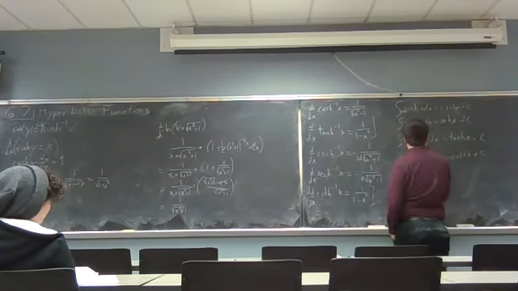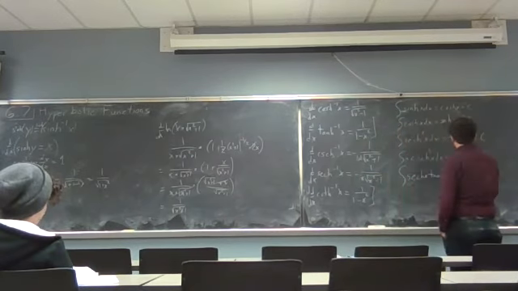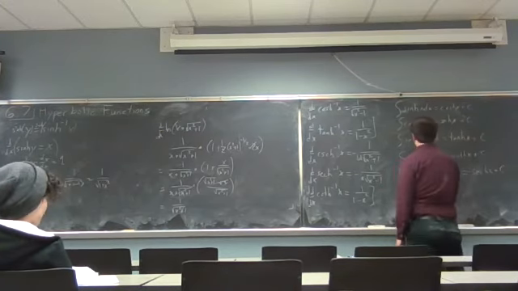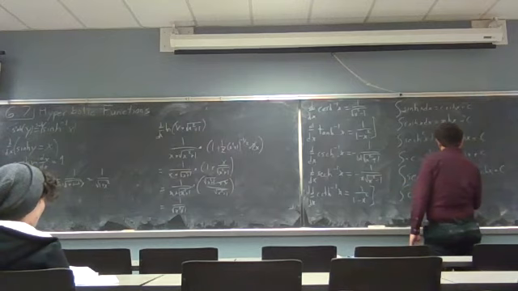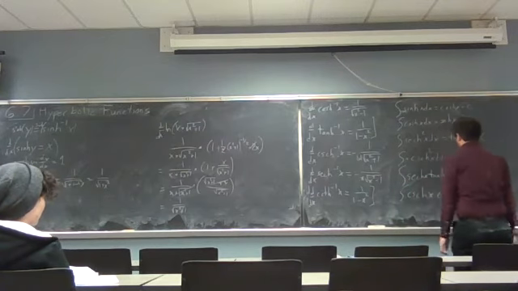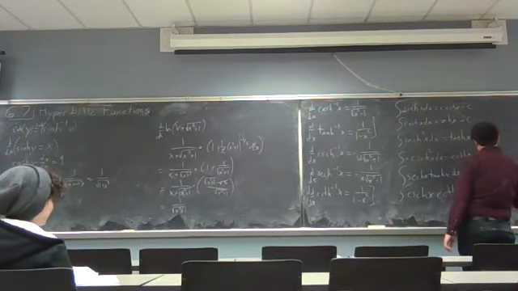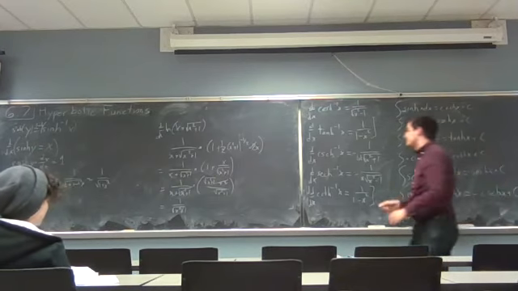The integral of hyperbolic secant tangent is negative hyperbolic secant, and then the integral of hyperbolic cosecant cotangent is negative hyperbolic cosecant. So if you need those, they're there. I imagine some of the sections will use them.